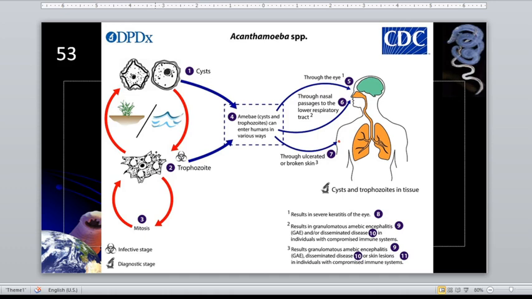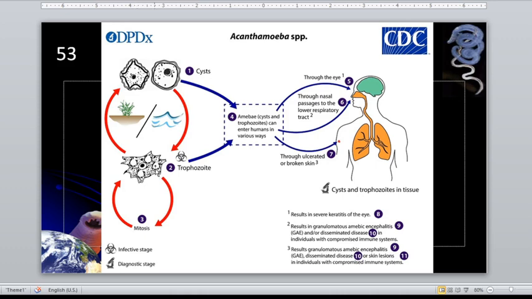Because Naegleria fowleri, which is another free-living parasite, has three forms: the cyst stage, the trophozoite stage, and the flagellated form. The trophozoite can undergo mitosis to produce several copies of this organism. The trophozoites are the infective form. How about the infective form for Entamoeba histolytica? That is the cyst stage.